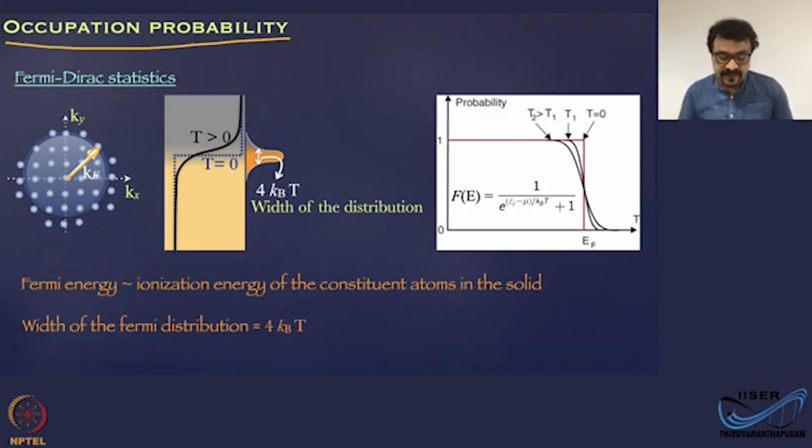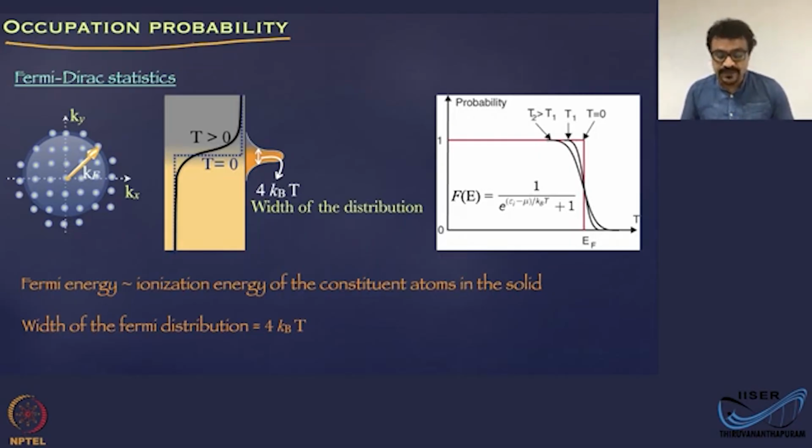And kF is the Fermi wave vector. And the Fermi-Dirac statistics, which is what electrons, as quantum mechanical entities and fermions, follow instead of the Maxwell-Boltzmann statistics which the Drude theory assumed.